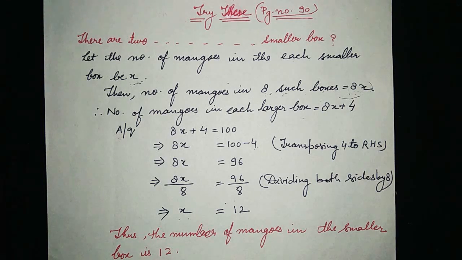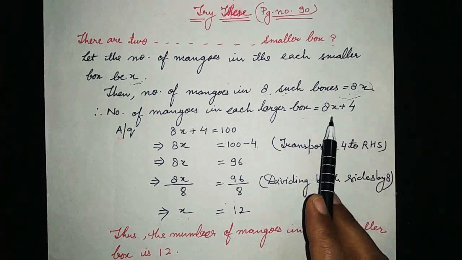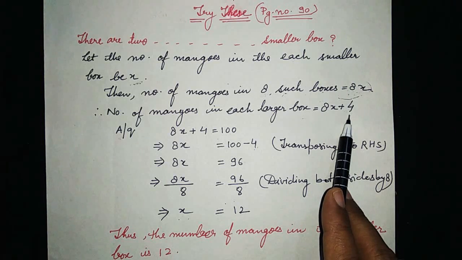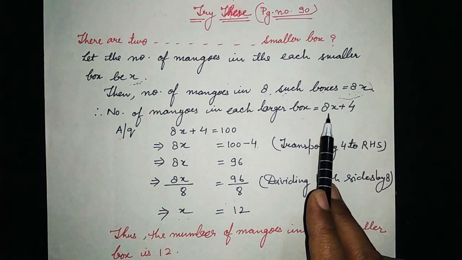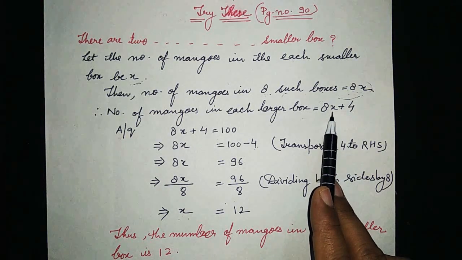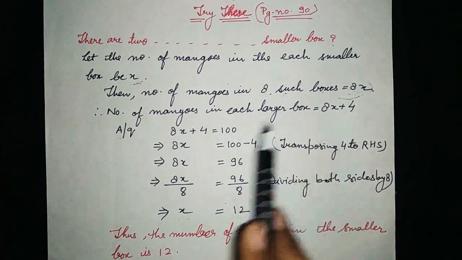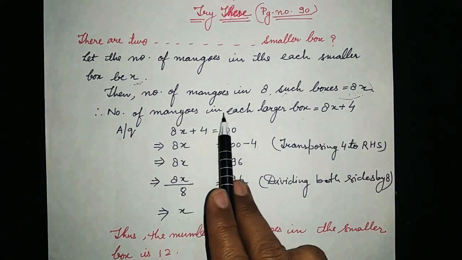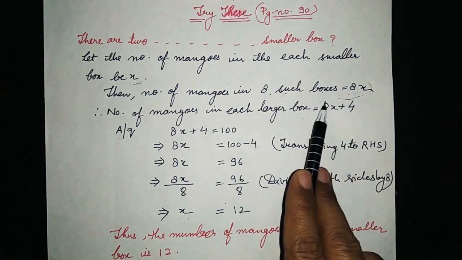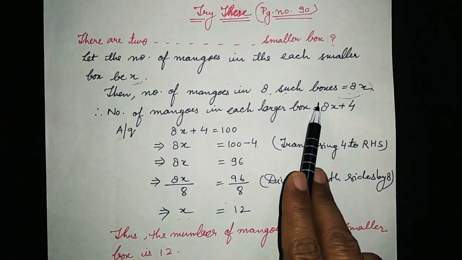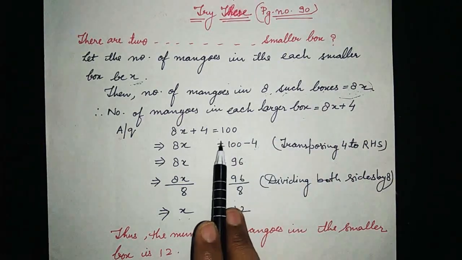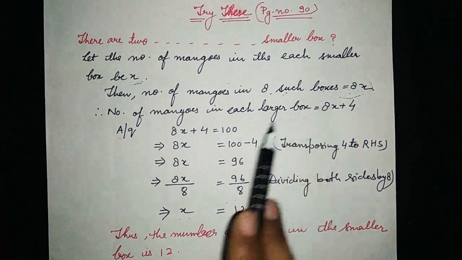One more time I am showing you this sentence. Each box of the larger type contains 4 more mangoes than the number of mangoes contained in the 8 boxes of smaller type. So number of mangoes in each larger box will be 8x plus 4, and it is given 100 in the question.